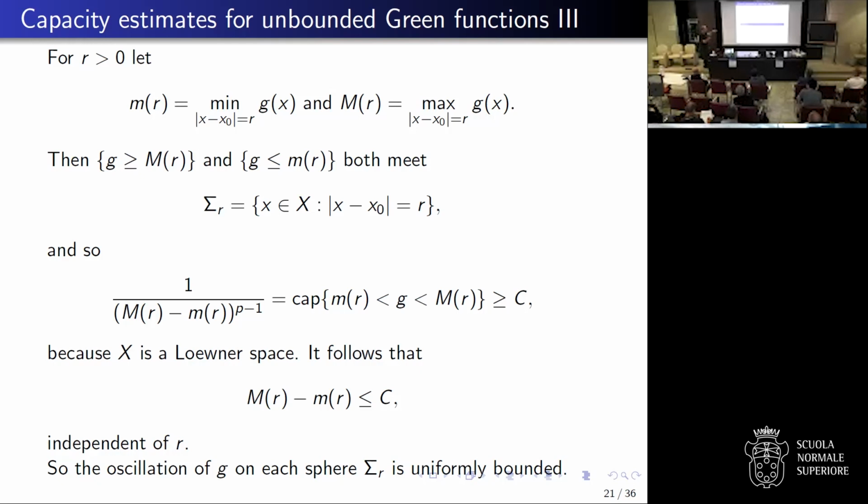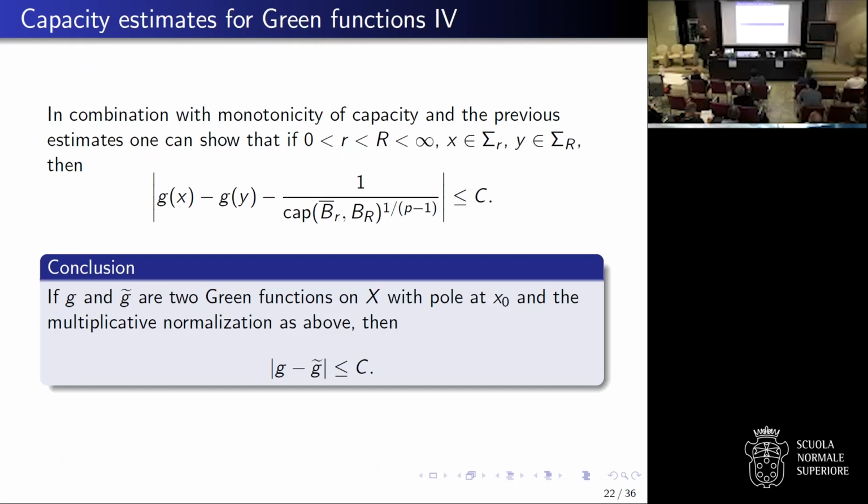And if you put this all together, then you can actually show that you get a very precise kind of estimate for your function. Essentially, you can compute function values of your unbounded function from capacity up to a bounded error term. Think of this little r here to be the unit sphere, and let's assume that the function value at the point x is 0. And essentially you get a formula for the green function up to an additive constant.